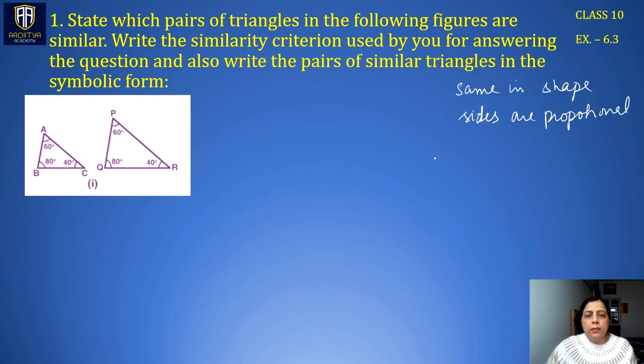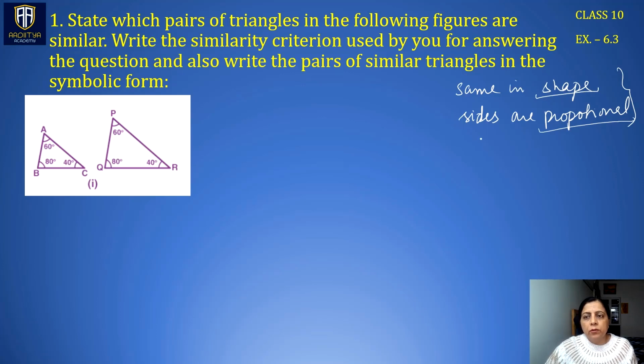So they need not be equal in size, their shape should be the same, that means their corresponding angles should be equal so that they retain the same shape. Moreover, their sides have to be proportional. So this is the basic criteria for two triangles to be similar.